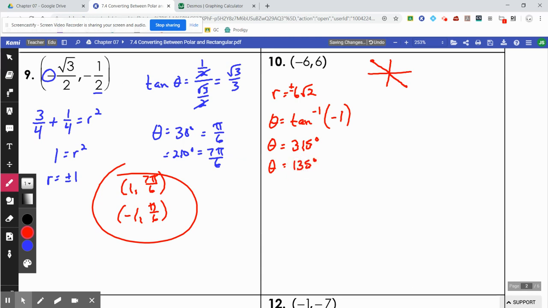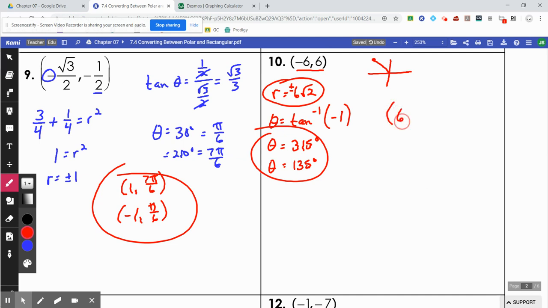Now, where do we need our point to end up? -6, +6 is somewhere up here. There's my point, -6, +6. So therefore, let's see which of these go with which of these to figure out where that point's located in our thetas.